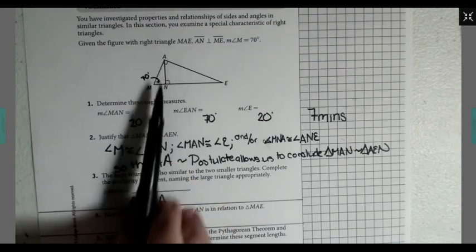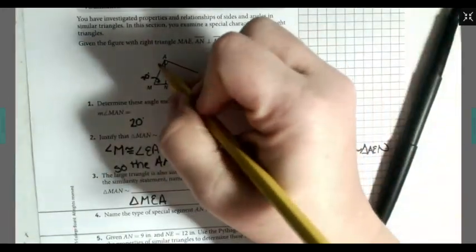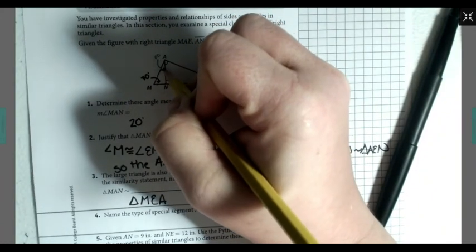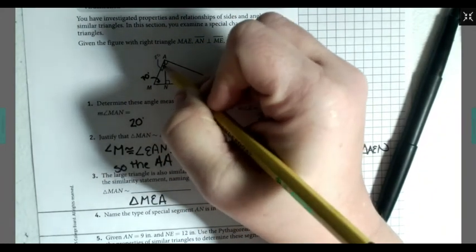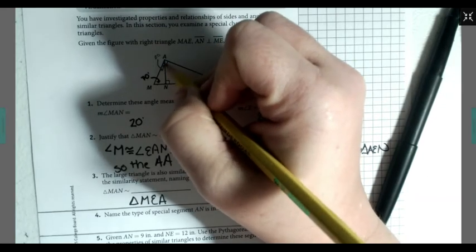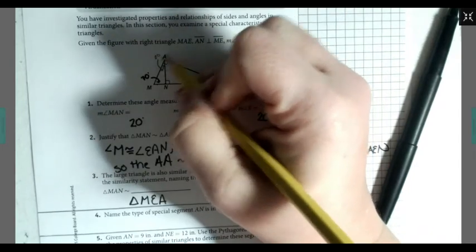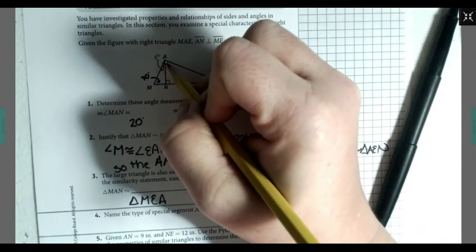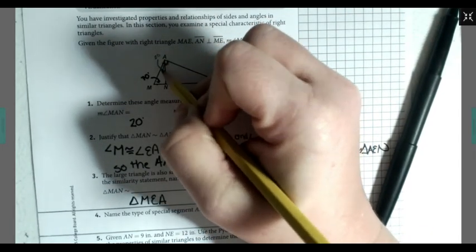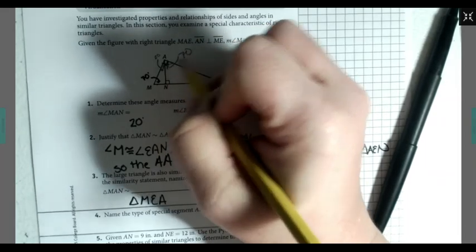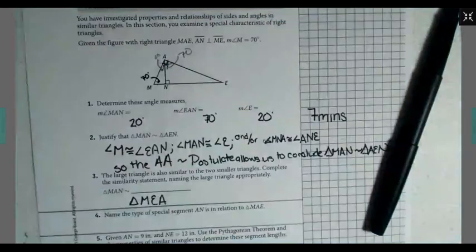Measure of EAN, well, we know that this is 20, right there in that corner. Well, we know the whole thing is 90, because this is a right angle. If this is 20, that makes this 70, because they total 90.